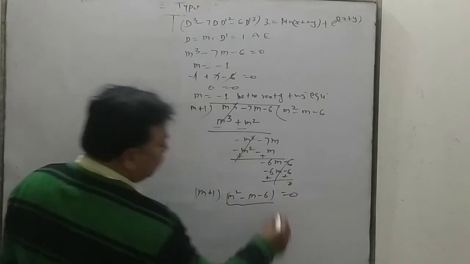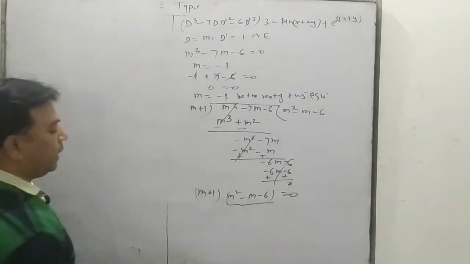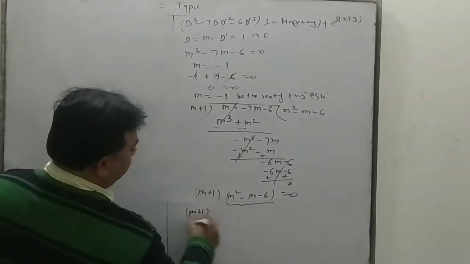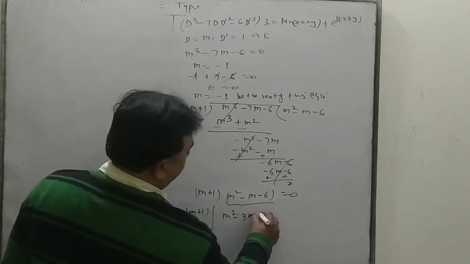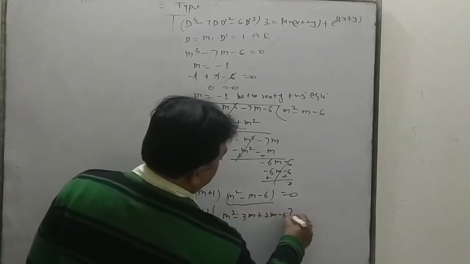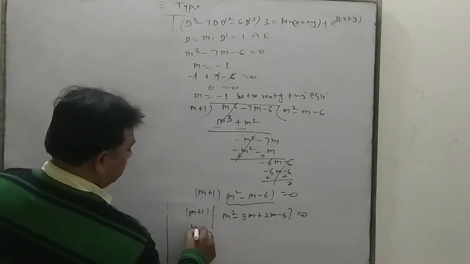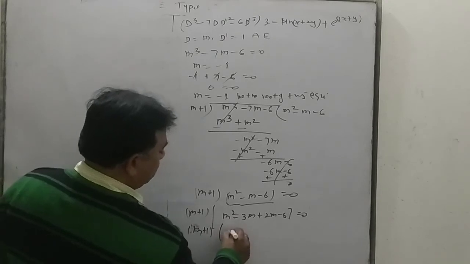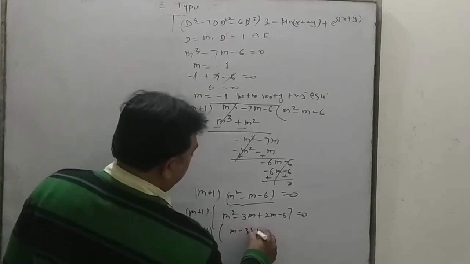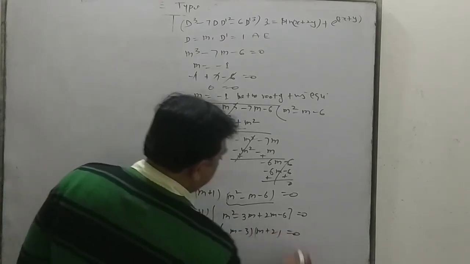This is the quadratic form. You factorize this form: (m plus 1)(m square minus 3m plus 2m minus 6) equal to 0. Then (m plus 1)(m minus 3)(m plus 2) equal to 0.